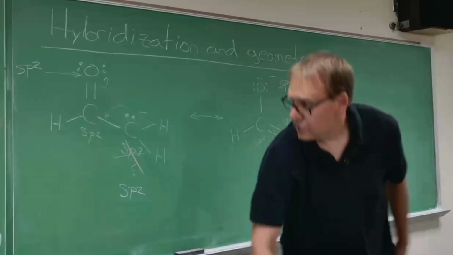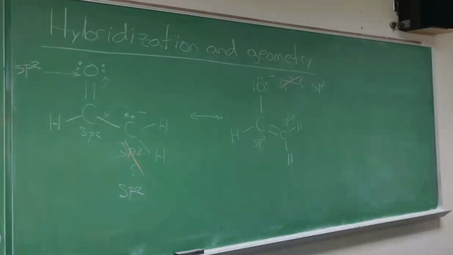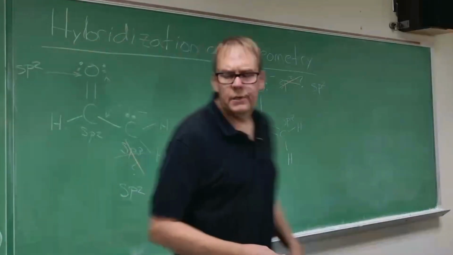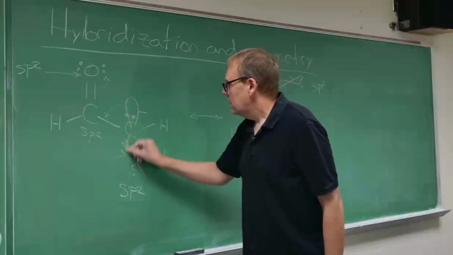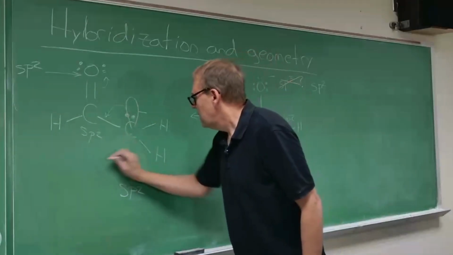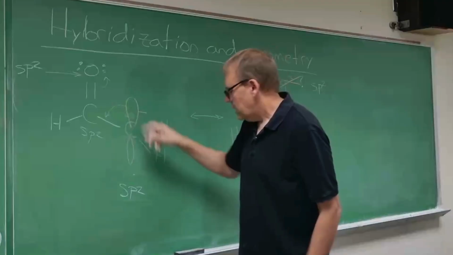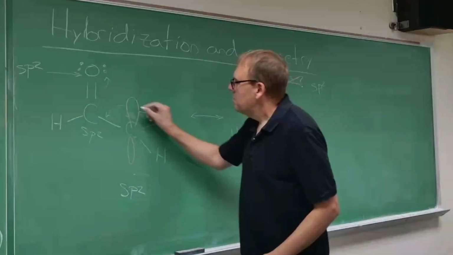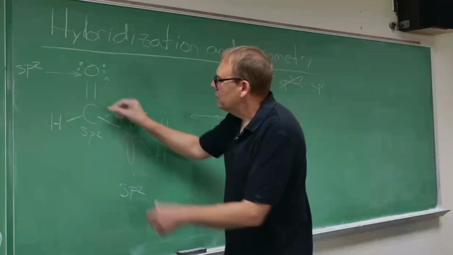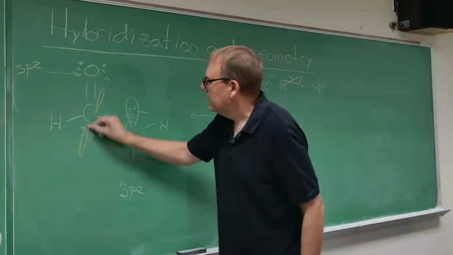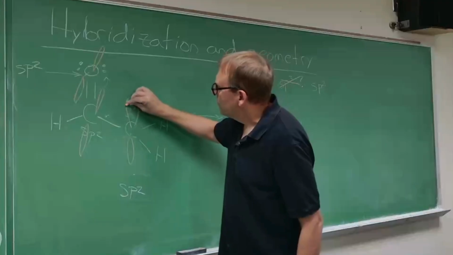If I sketch some atomic orbitals, p orbitals, on this thing, the lone pair being in the p orbital means that it's next to this carbon, which also has a p orbital on it, and the oxygen, which has a p orbital on it, and they're all overlapping.